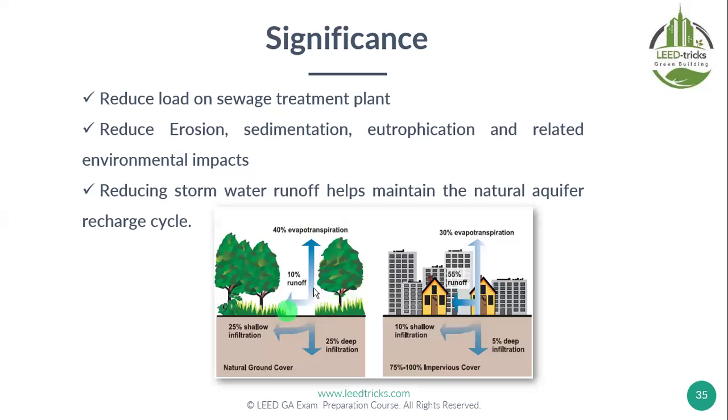So maybe only 10% will run off. Others will be used by planting, and there will be evapotranspiration, like evaporation from the plant, evaporation from the water, and so on. In the case here, like what you see, what is happening? All the water is running, more than 50% of course, running here and then impacting all the developed area.